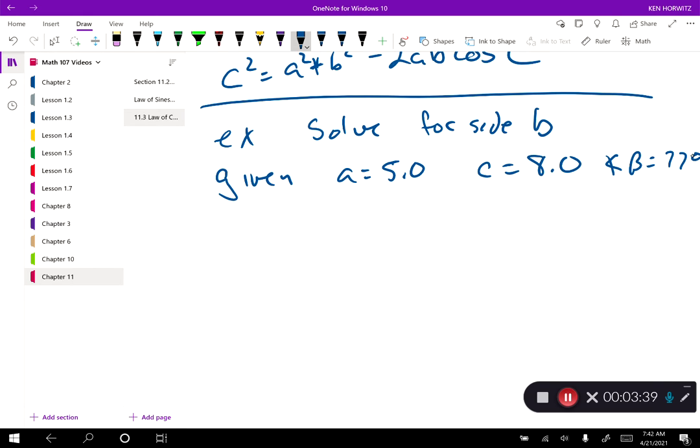Now again, your angle is not on the unit circle, so eventually we're going to have to use a calculator. But I'm always in favor of doing as much algebra as you can before you resort to the calculator.